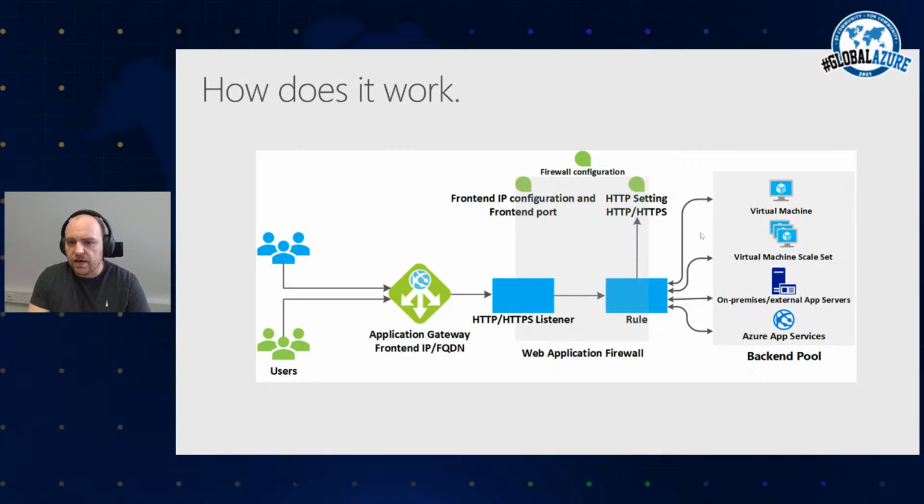There are things like, for example, you can configure geographic blocking. You can configure some kind of recurring requests that you detect as an attack.